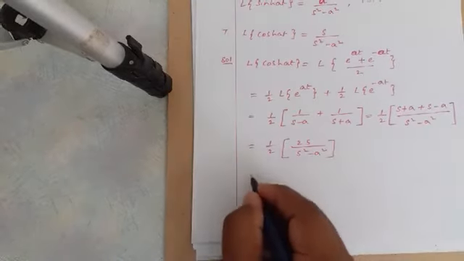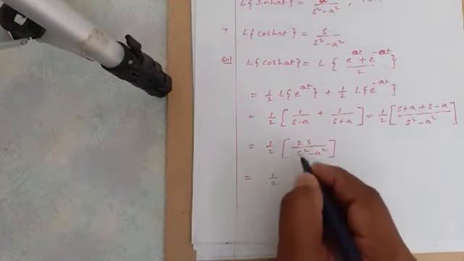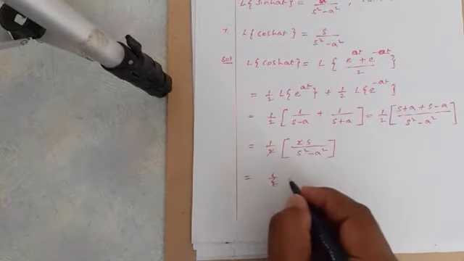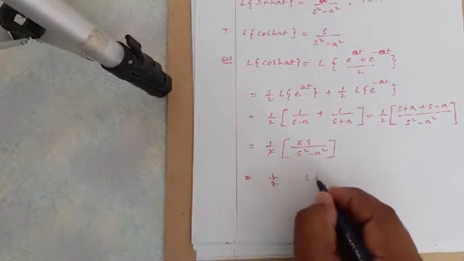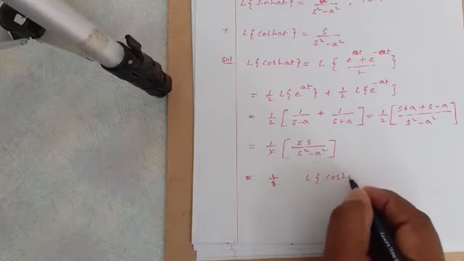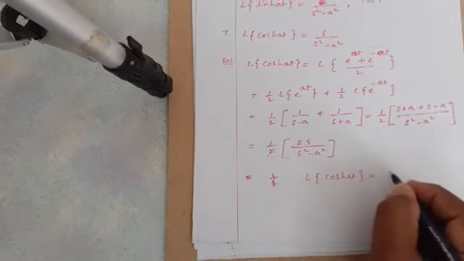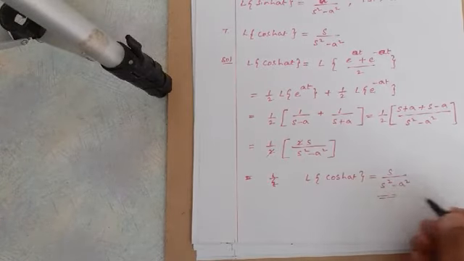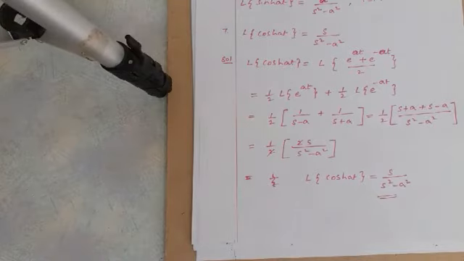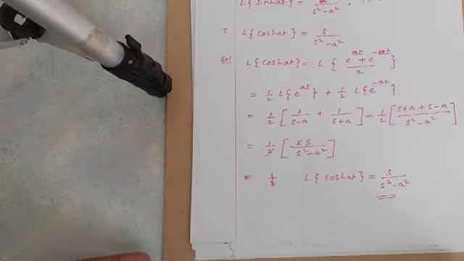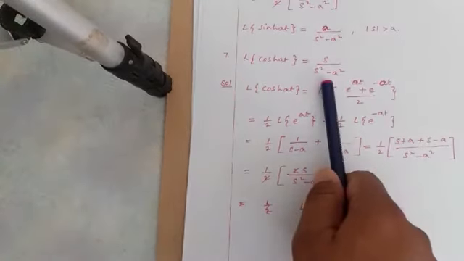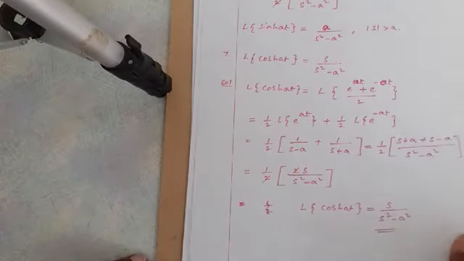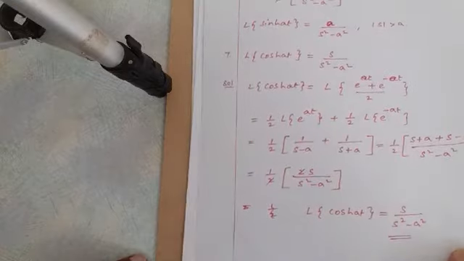Now you can cancel 2, so we can write Laplace of cos h at is equal to s upon s square minus a square. So in this way we do the problem based on Laplace of cos h at. So this is about Laplace of cos h at.